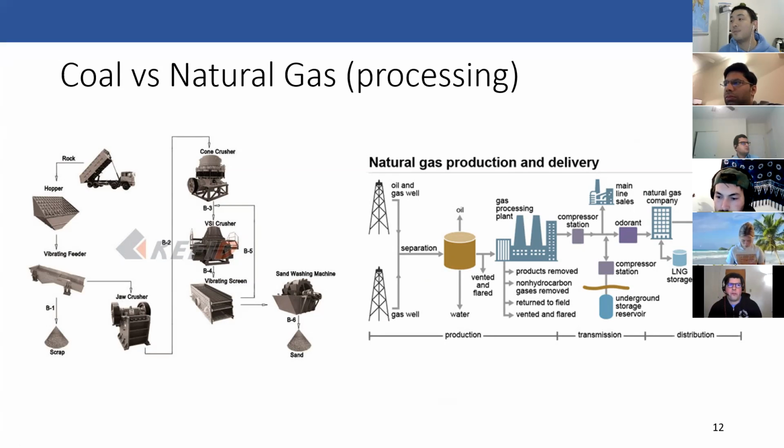And so that material will go through a processing plant to try and remove as much non-hydrocarbons as possible. And then all of that will output as sort of the end thing that you want, the natural gas. It gets compressed and then distributed to whatever the main end use is.